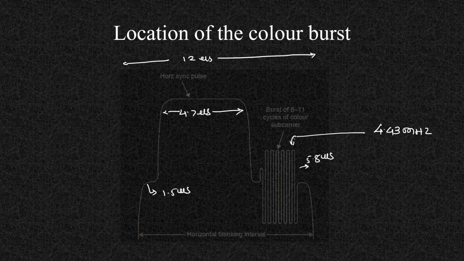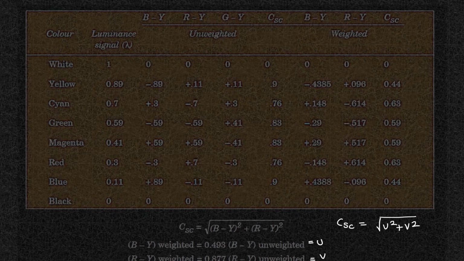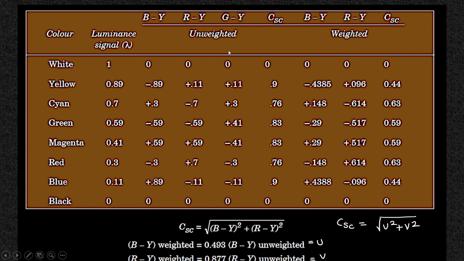I'll just move forward, which we have seen here. For the red color, you have minus 0.148 b minus y, and r minus y is plus 0.614, and the resultant is 0.63, which is close to 0.62. Your angle will be minus 76.